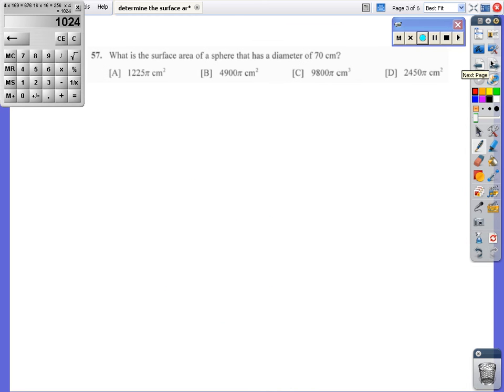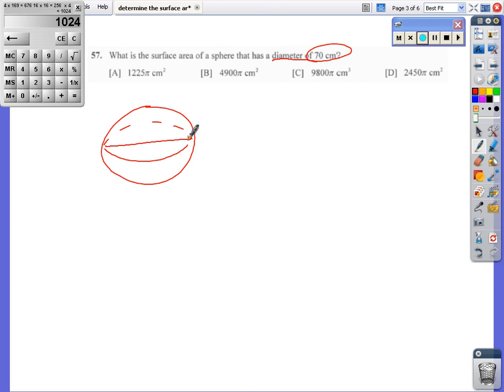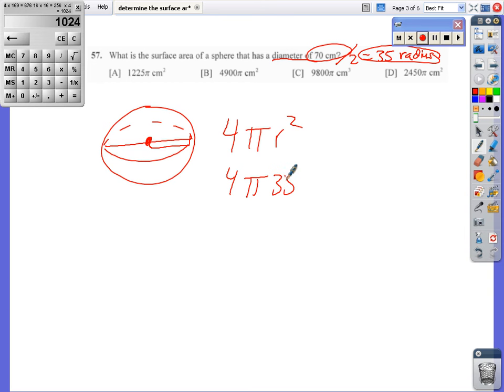What's the surface area of a sphere that has a diameter of 70? So when they give you a diameter, they've got this looking something like this. They're giving you the whole distance through it. You need to cut that in half to just get the radius. So we're going to take that 70 divided by 2. We got 35. That's our radius. So now we can plug it into our formula. So 4 pi r squared, 4 pi radius of 35 squared.